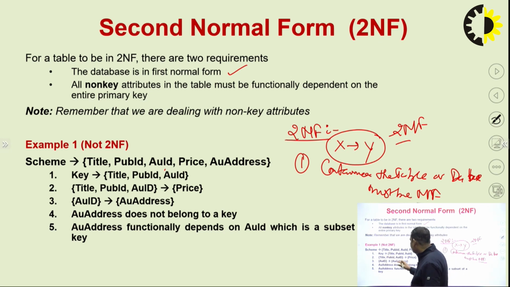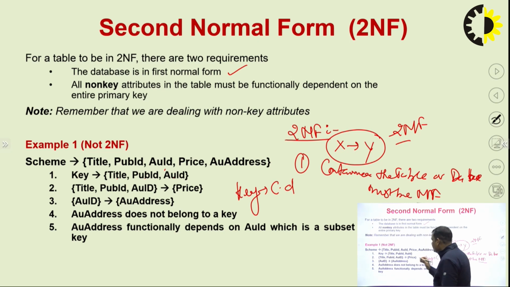The key means candidate key. The candidate key is title name, publisher ID, and author ID.